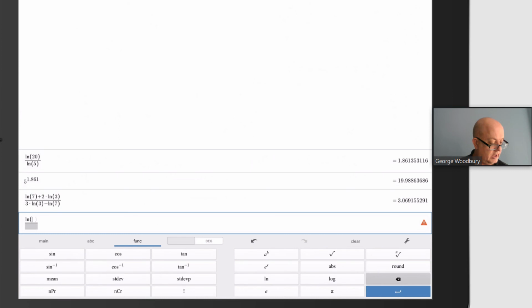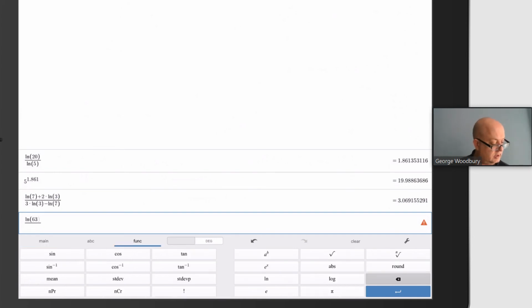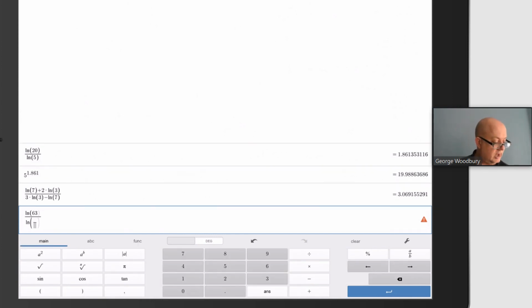Function ln main 63. Tap in the denominator. Function natural logarithm, back to main, fraction, we had 27/7, and look what we have there, 3.069. So a couple of different ways to come up with that approximation. You need to decide which way is easier for you to get it into and out of your calculator.